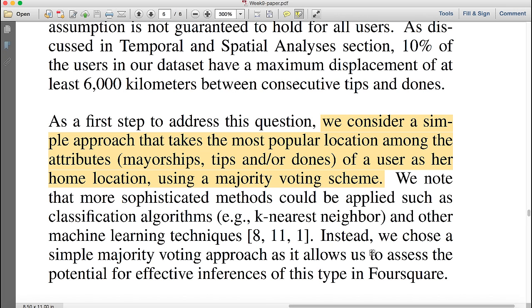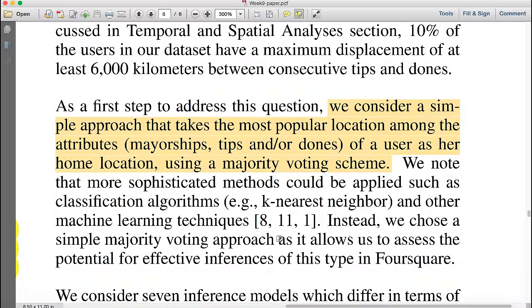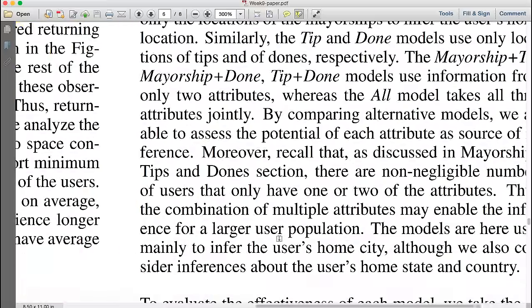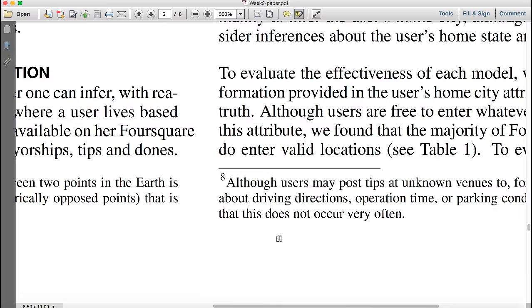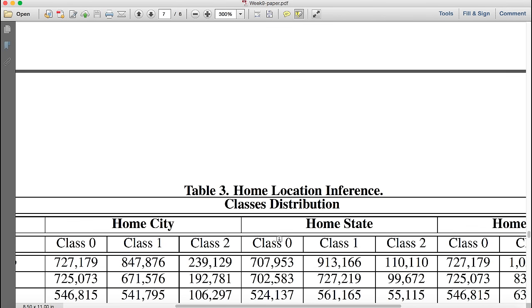I'm going to explain what this voting scheme is. There are two tables that we will look at, and we'll also see the mechanisms the authors followed in generating this information about the possible location of this person's home.